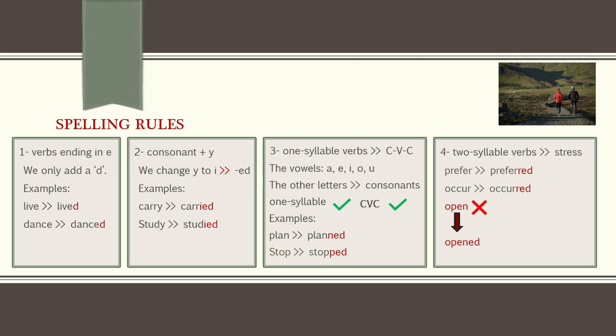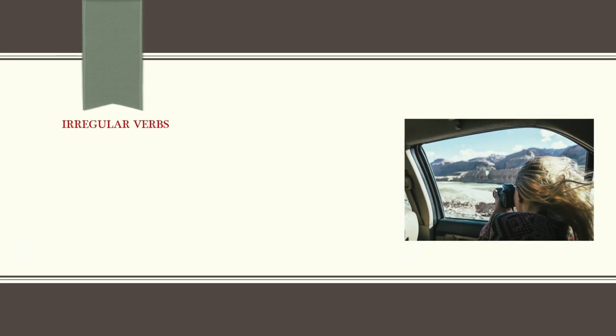Now let's look at irregular verbs. Irregular verbs don't follow the regular ed pattern. So their past participle forms are different. Each irregular verb has its own unique past participle, and unfortunately, there's no single rule to form them.